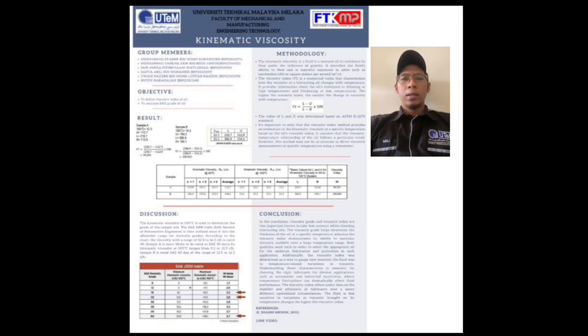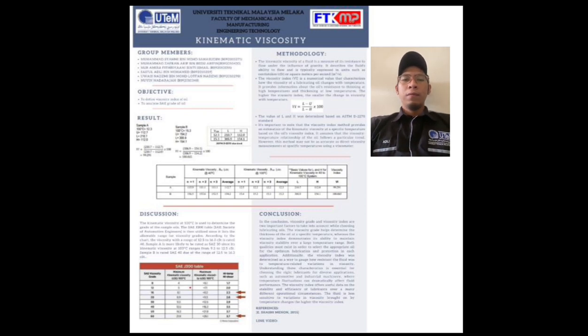First, the kinematic viscosity of a fluid is a measure of its resistance to flow under the influence of gravity. It describes the fluid's ability to flow and it's typically expressed in units such as centistokes or square meters per second.